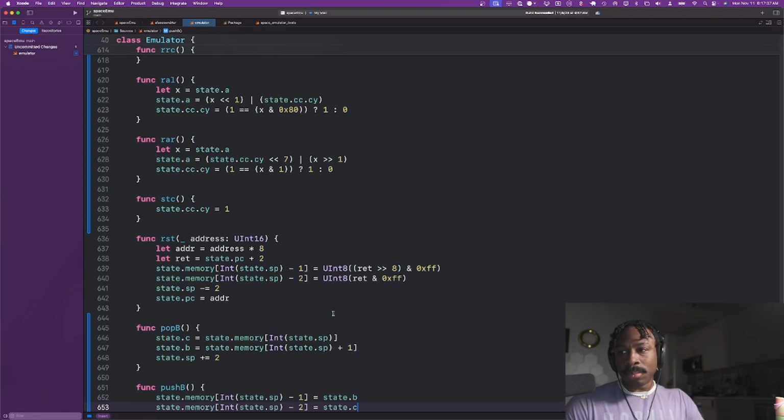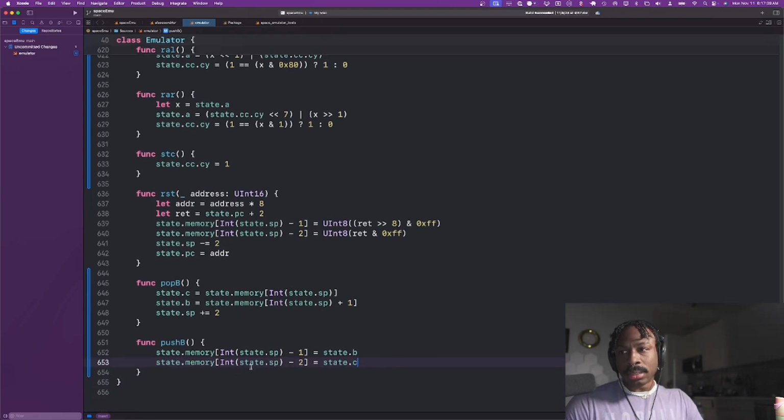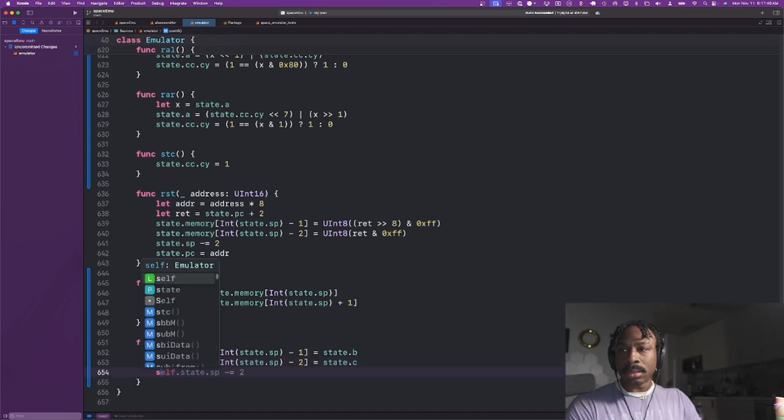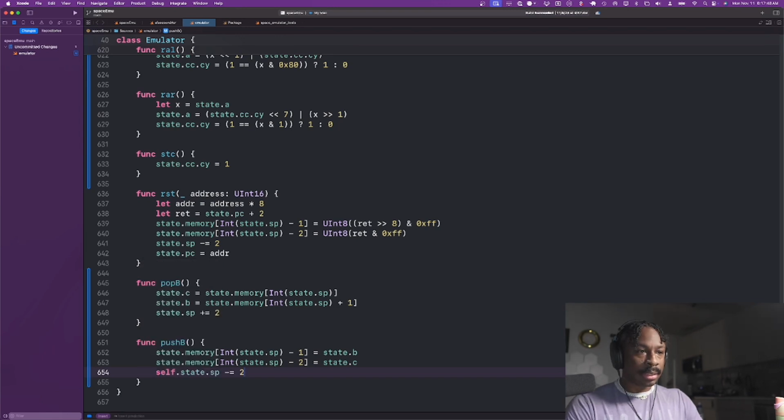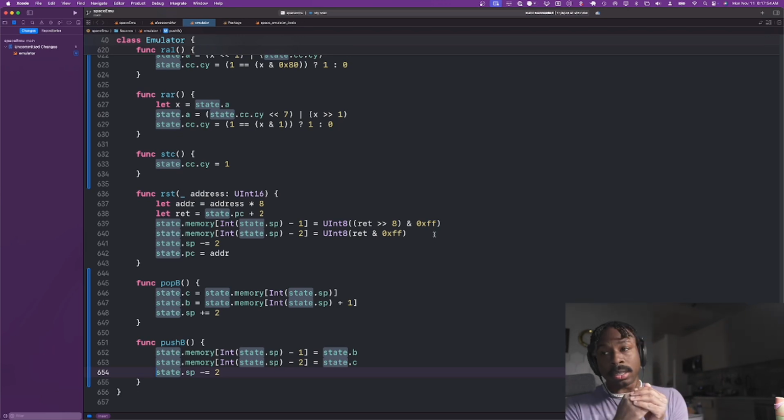The stack pointer minus 2 is C, and then the stack pointer minus equals 2, because we added the 2 things to the top of the stack, so we have to move the stack pointer down too. That makes sense? Cool.